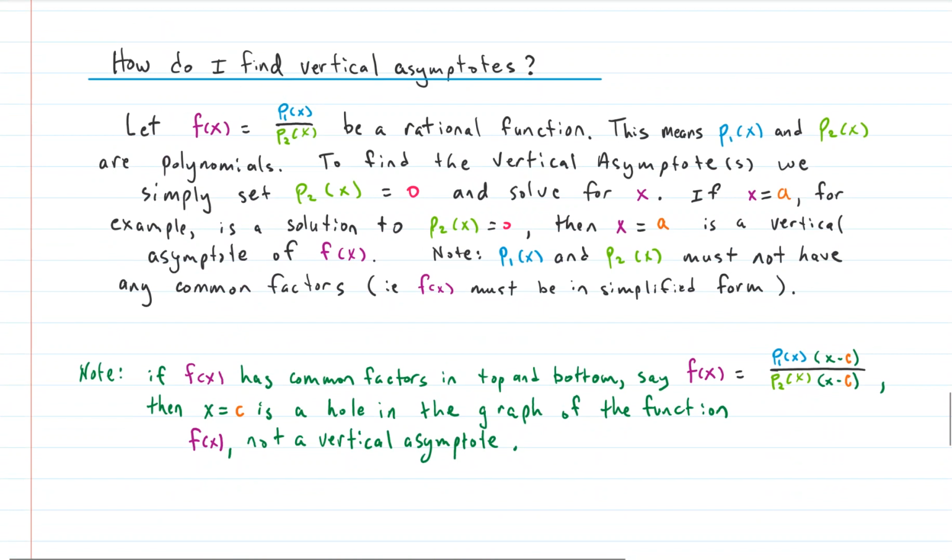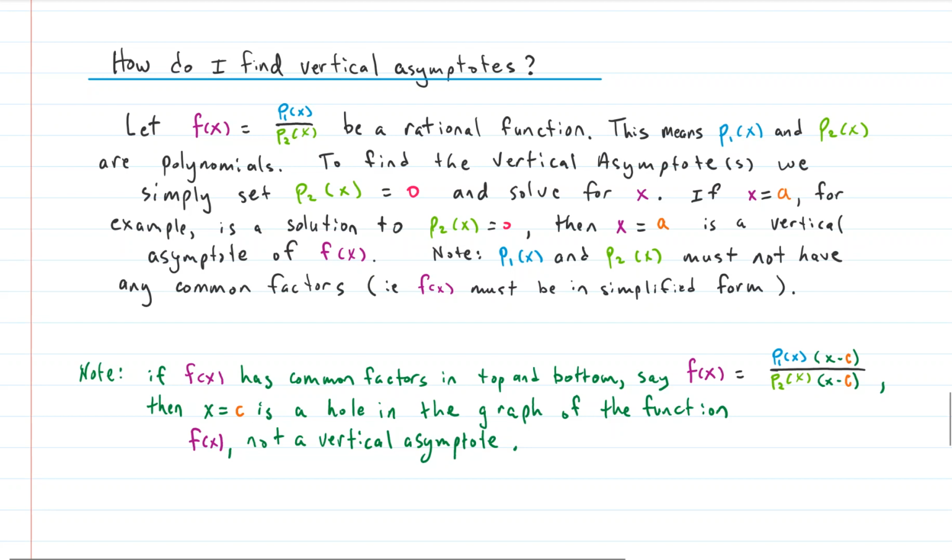How do I find vertical asymptotes? Well, if our function f is a polynomial divided by a polynomial, or a rational function, then it's actually super easy. We first make sure that the polynomial on the top and the bottom are simplified and don't have any common factors.